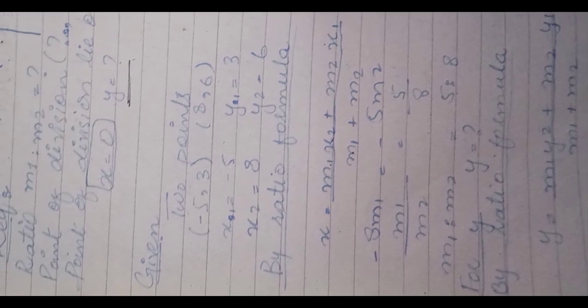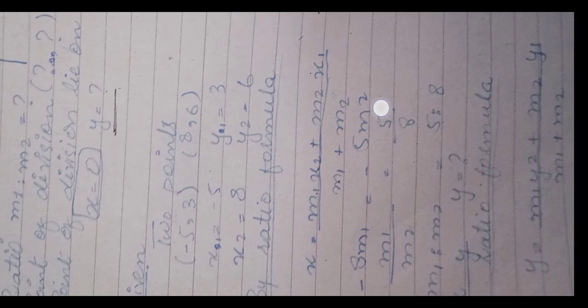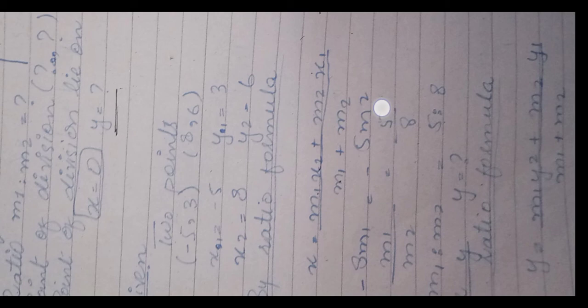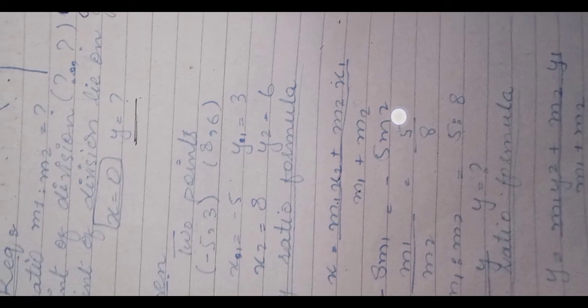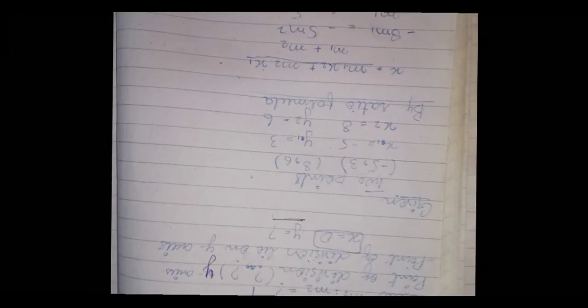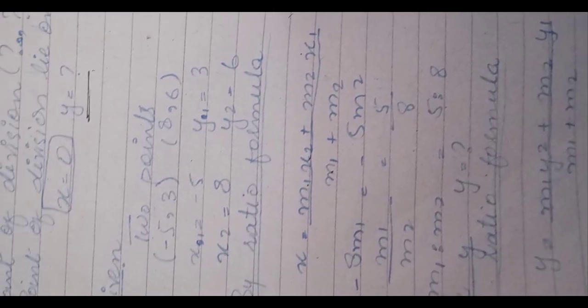Okay, and now we will again put in the ratio formula. In this formula we will solve for y, which is m1 y2 plus m2 y1 divided by m1 plus m2. We are solving for y because we have to find y. We know x is equal to 0, but we don't know y.